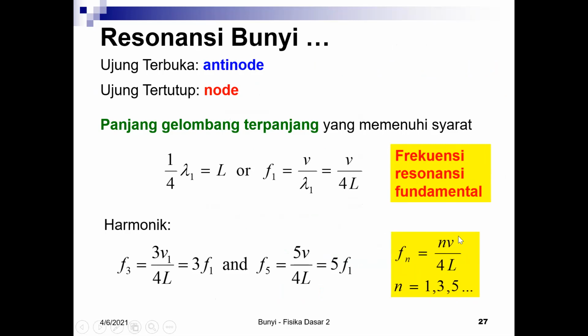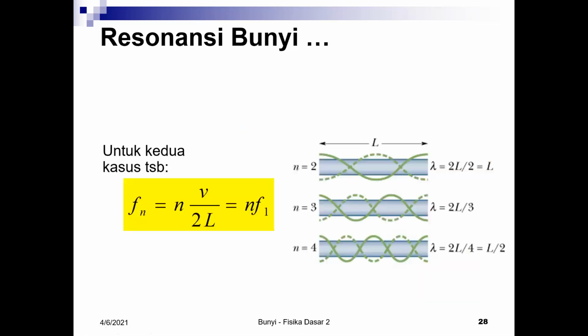Yang n sama dengan 1 kita sebut frekuensi resonansi fundamental, sedangkan 3, 5 dan seterusnya adalah harmonik level 3, 5 dan seterusnya. Kemudian ini untuk yang keduanya ujung terbuka, seperti ini.